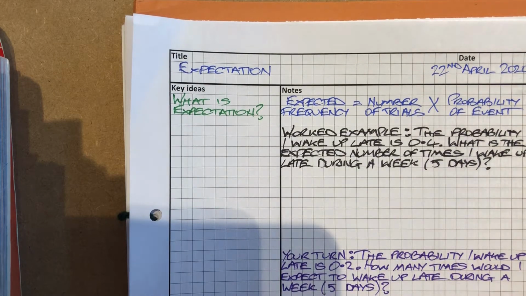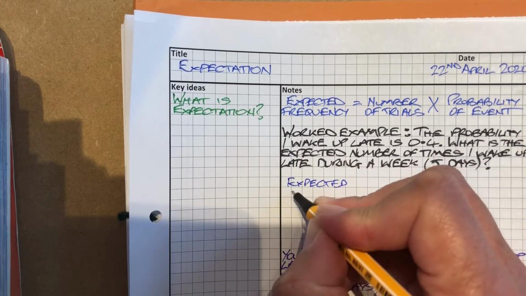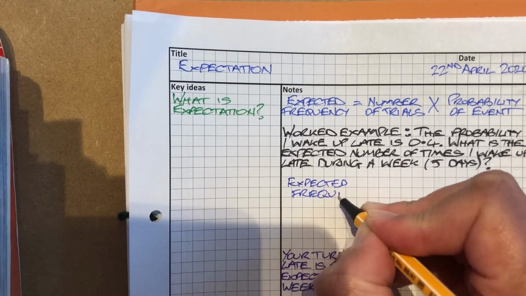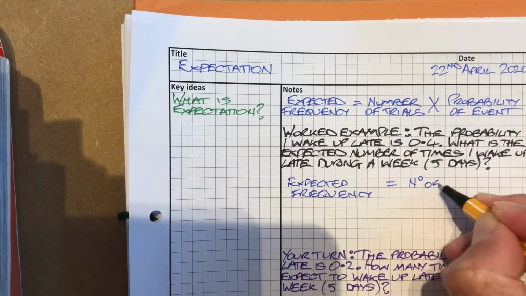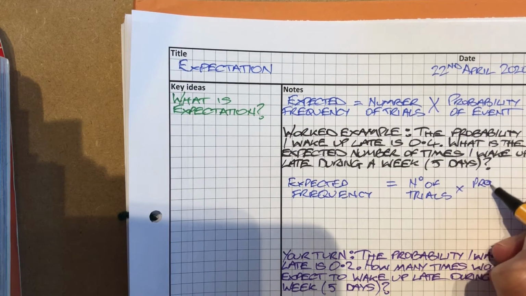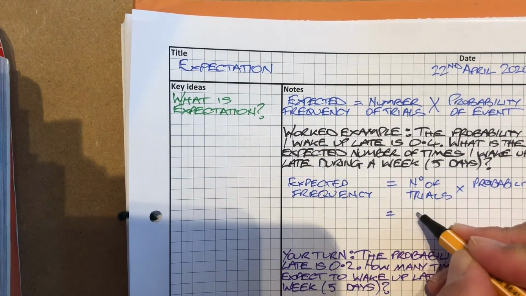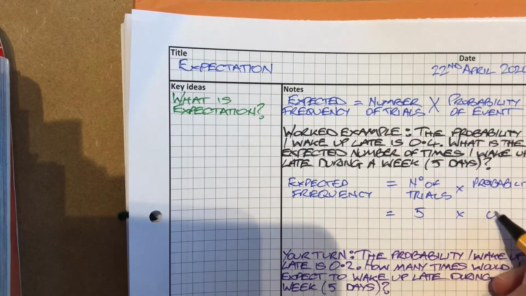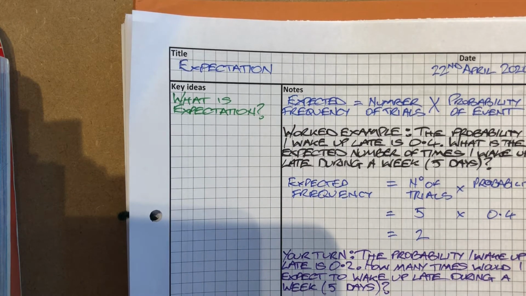Well, my expected frequency is equal to the number of trials times by the probability, and that is 5 trials times 0.4. Well, 5 times 4 is 20, so 5 times 0.4 is 2. You'd expect me to wake up late twice during the week.